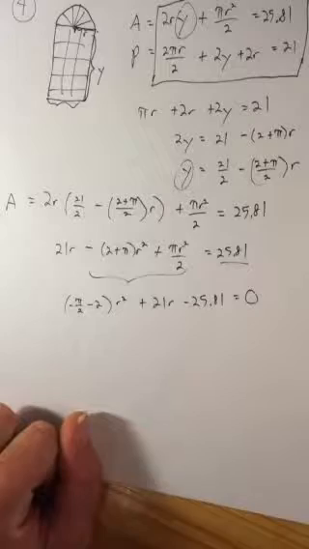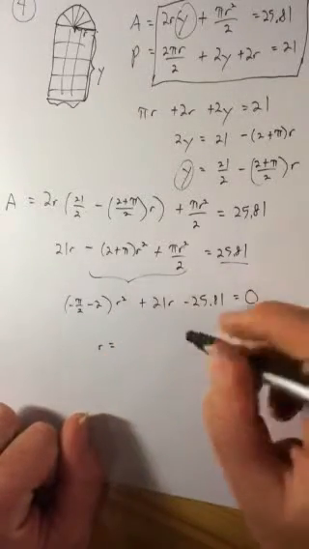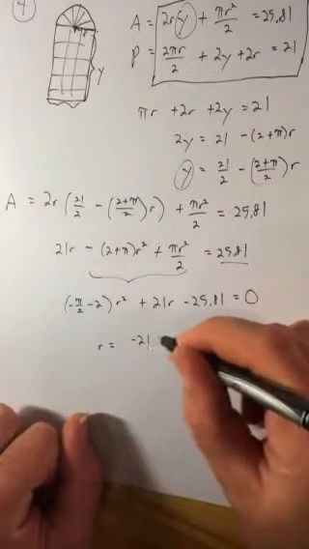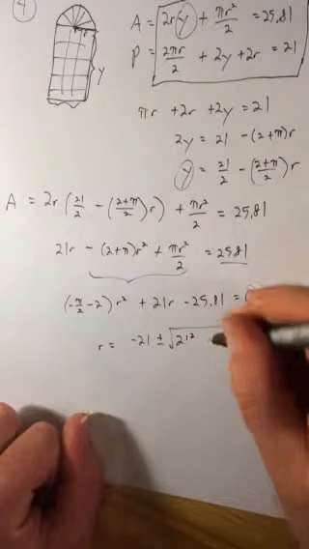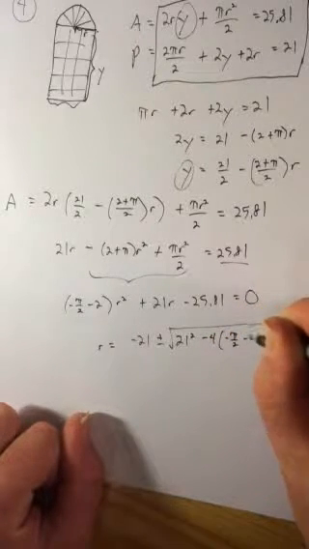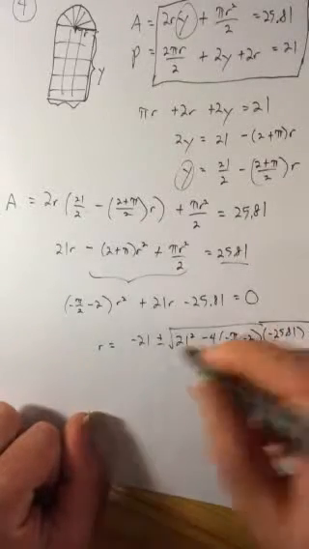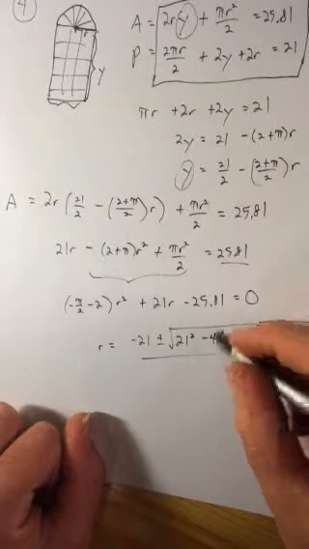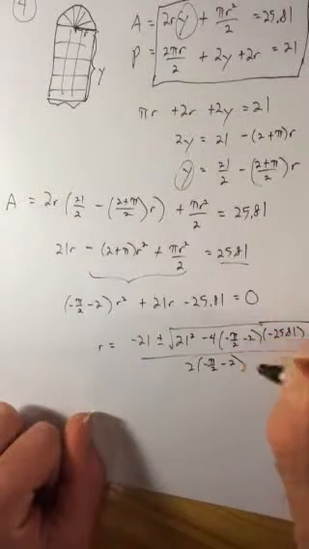You want to punch it into the quadratic formula? You're going to get r equals, what is it, negative b, so negative 21, plus or minus the square root of b squared minus 4ac, over 2a, so that'll be 2 times negative pi over 2 minus 2.